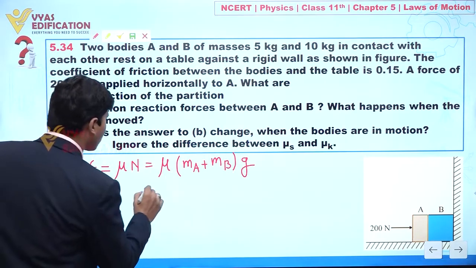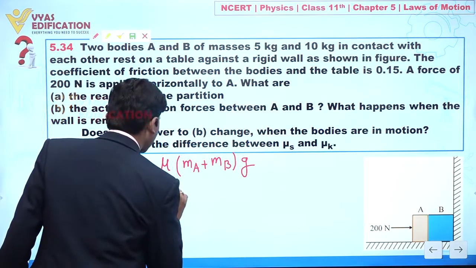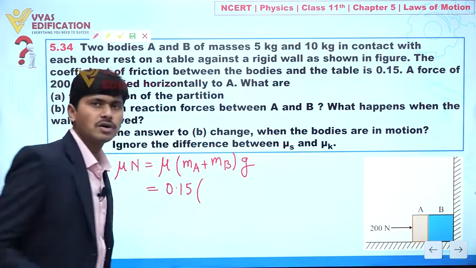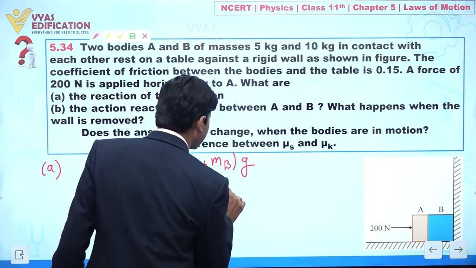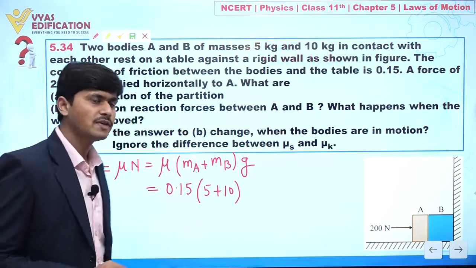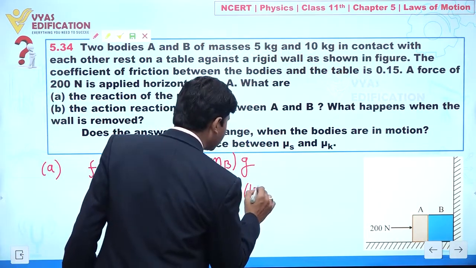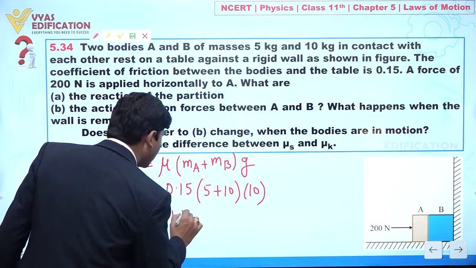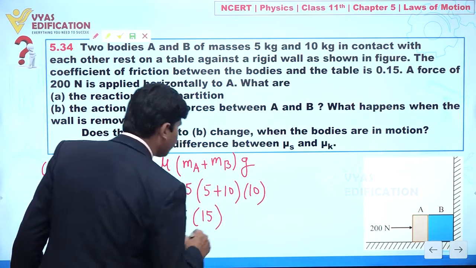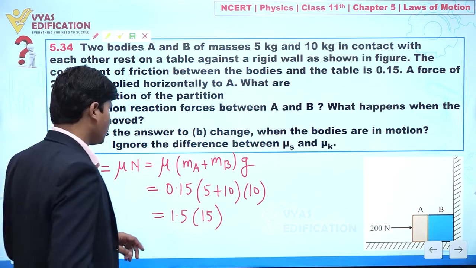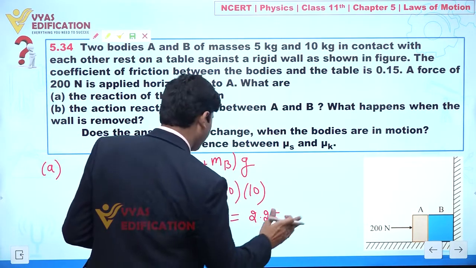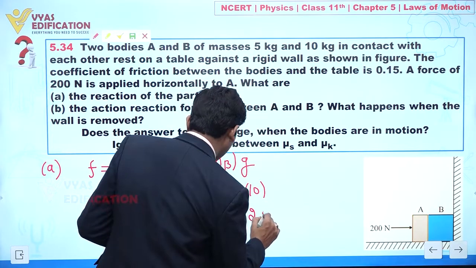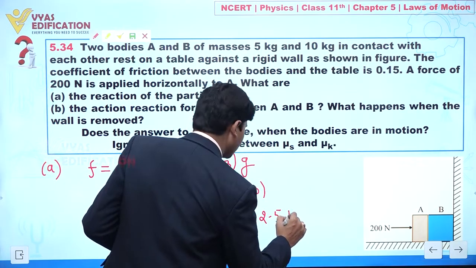The coefficient of friction is given as 0.15. The masses of the blocks are 5 plus 10, multiplied by g, and g is 10. So 0.15 multiplied by 15 times 10, which is equal to 22.5 Newton.